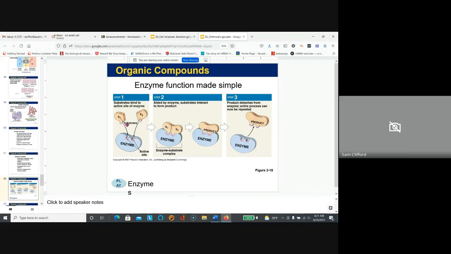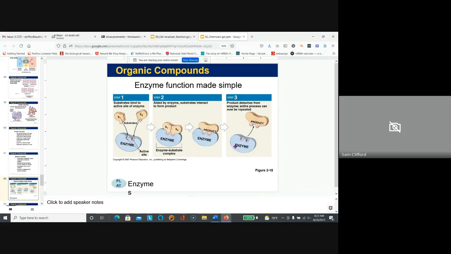If you take the substrate or the reactants, the enzyme, by the binding of the substrates, allows them to get in a very good position for joining together. So you have a product formed and released. The enzyme is not used up. This can be repeated many, many times.